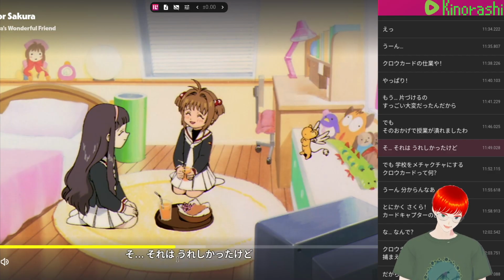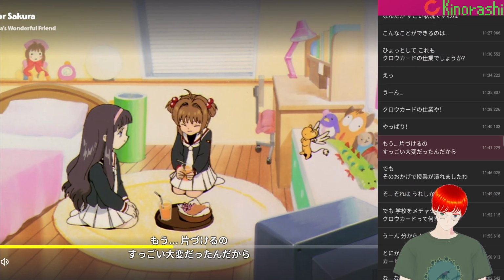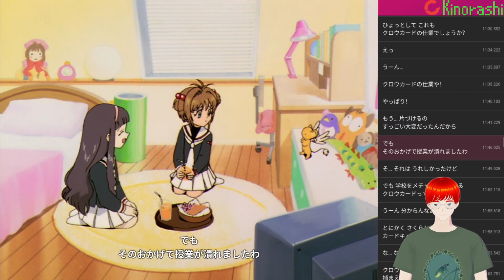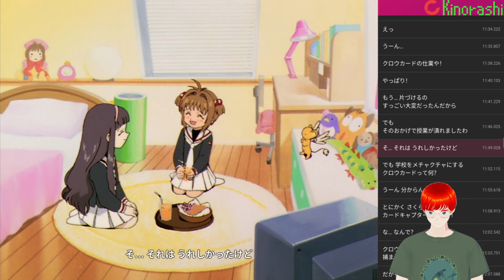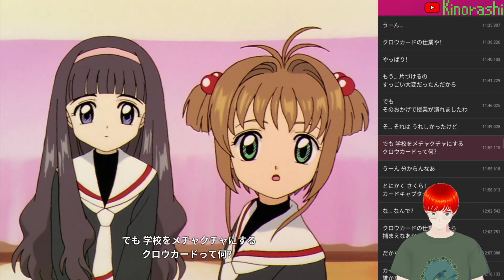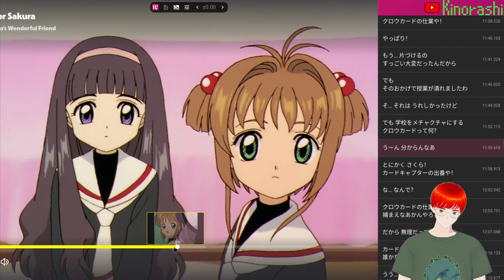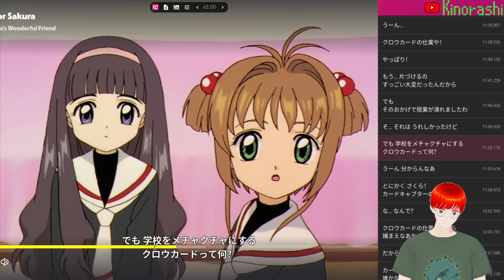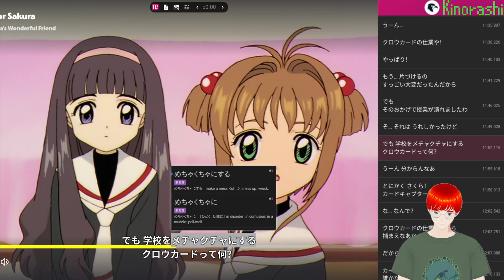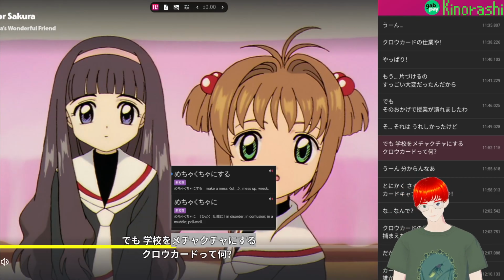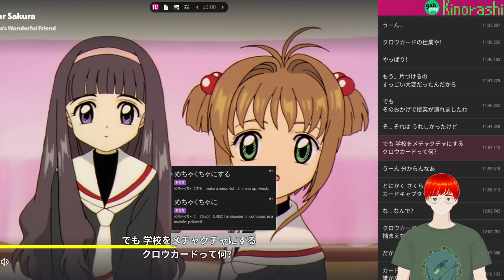So, それは嬉しかったけど、でも学校をめちゃくちゃにするクローカードって何？ めちゃくちゃになる, making a mess. So, mechakucha.